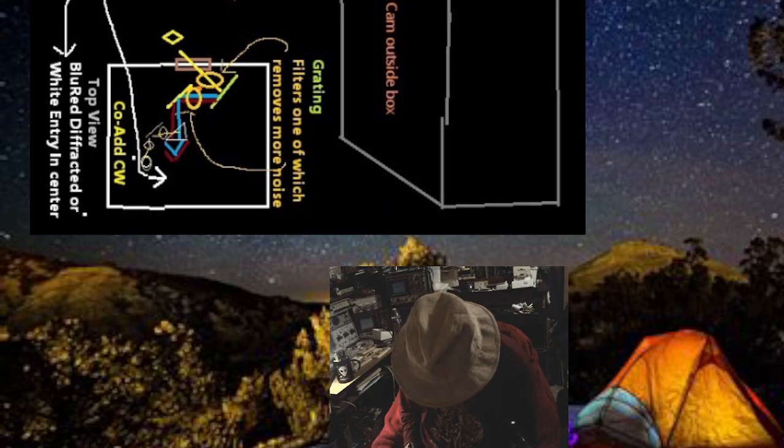And the distance D from 1 to 2 equals 7.5 inches. So by going in at an angle, we can move the beam splitter back a little ways, which is a really, really good thing.